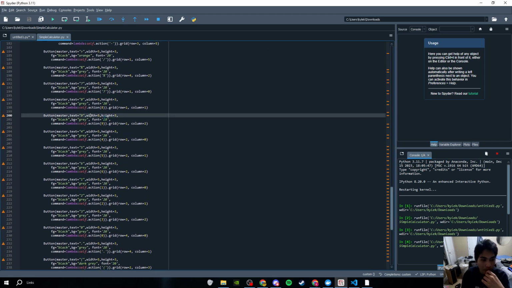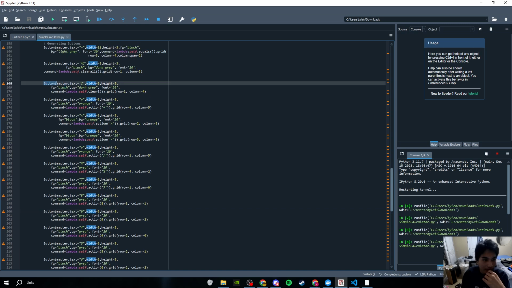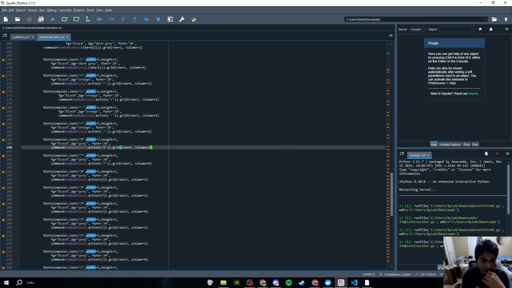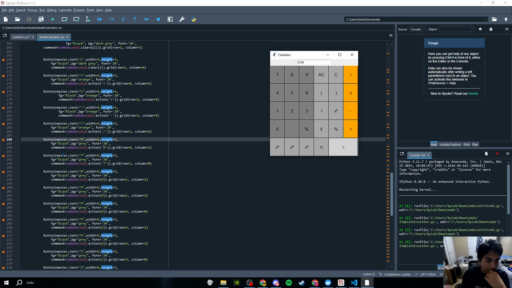So I made the width. These are responsible for the buttons. So I just made the width 5 and the height 3. The font FG is responsible for the font, so I just made everything black. The background, as I said earlier, depends on the function as well as the numbers.